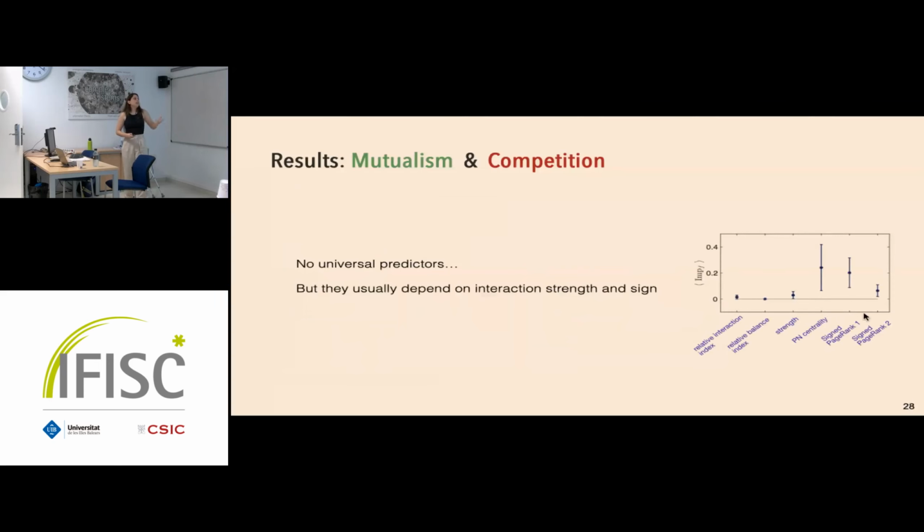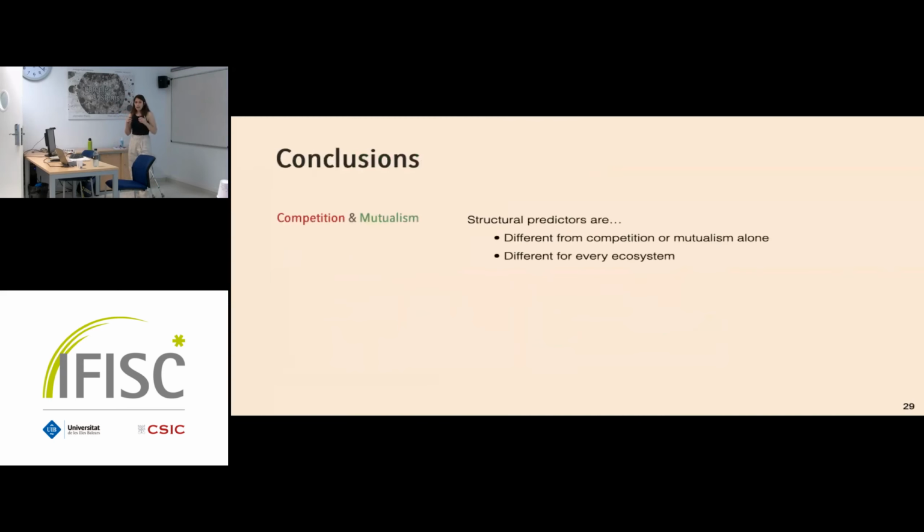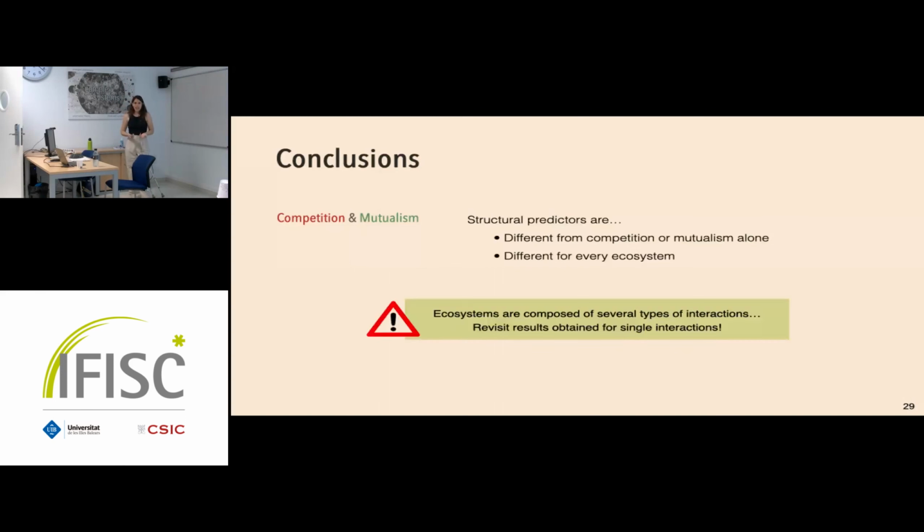And at least we can say that usually the predictors that appear to be important are the ones that also encode the signed structure of our interaction network. And this fact is actually like a little warning or an invitation to revisit the results that have been obtained just for one type of interaction, to see whether the fact that we are adding more information in our description may vary these results.